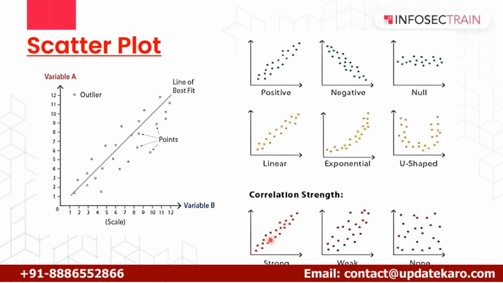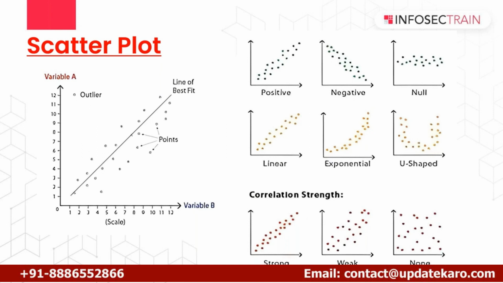If there are a lot of data points, there is very little difference between them, and they make a straight line, so you can say there is a strong positive correlation.